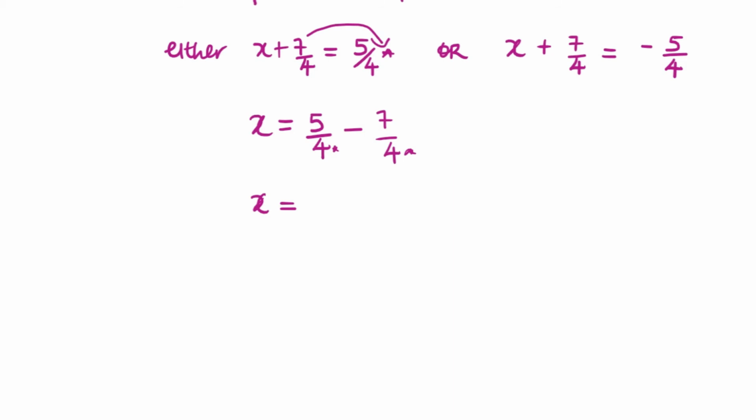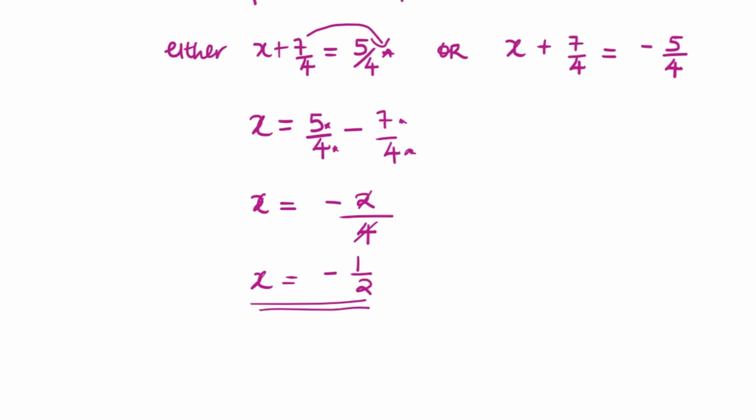So we'll say 5 minus 7 to give us negative 2 over the denominator, which is just a 4, and we'll say x is just equal to negative 2 over 4. 2 into 2 is 1, 2 into 4 is 2, so a negative half.